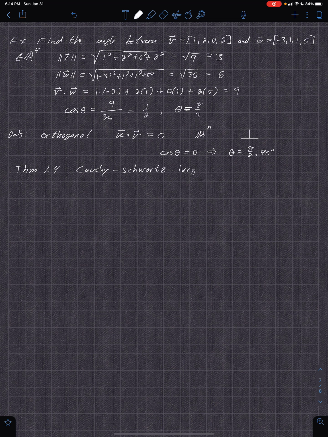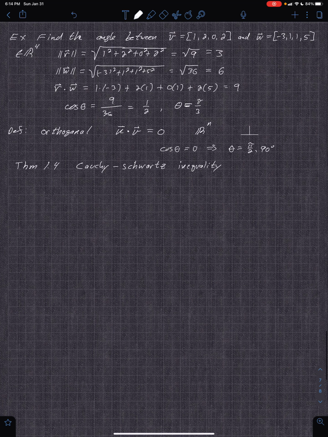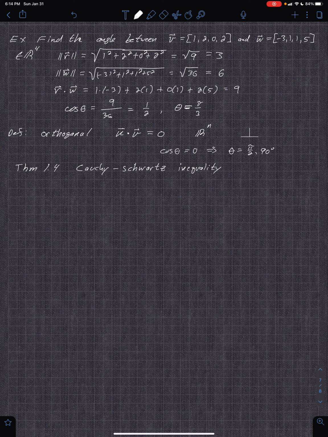Inequality, which can be proved with this theorem above with angles, and we'll do another proof later without an angle. So let V and W be in Rn.